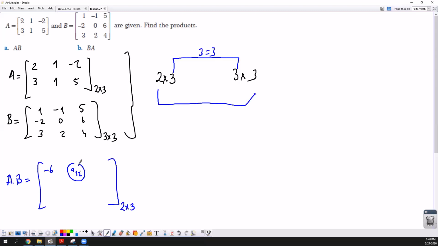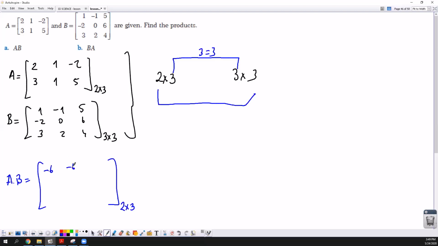So to get the value here, we are going to multiply the first row by the second column, which is -1, 0, and 2. So we will multiply 2 by -1, 1 by 0, and -2 by 2. It's going to be -6.